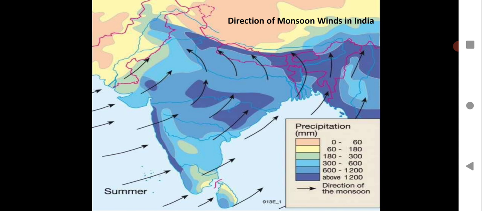Because of the uneven heating of the land and sea water or ocean water, there will be evaporation of water, condensation of water, then finally precipitation, that means falling of rainfall. You can see that because of the monsoon wind we get rain in India, and you can see how the monsoon winds flow in India. Just have a look.